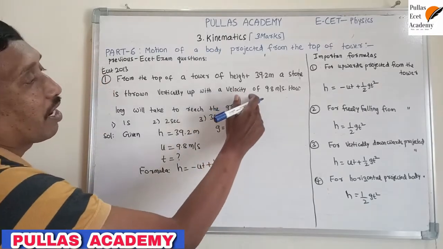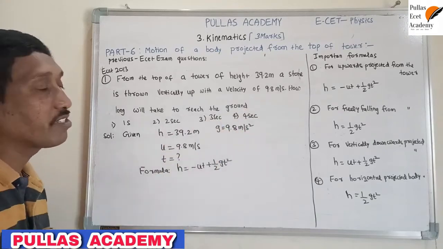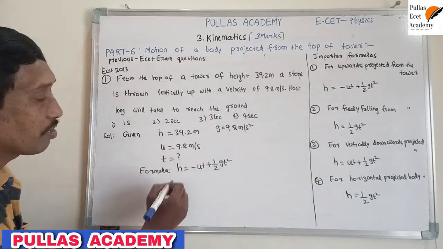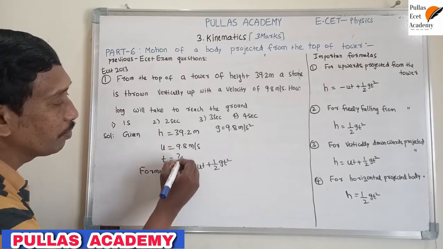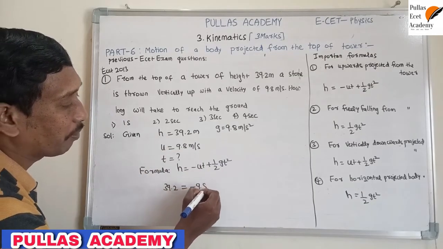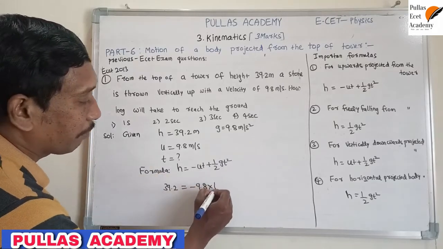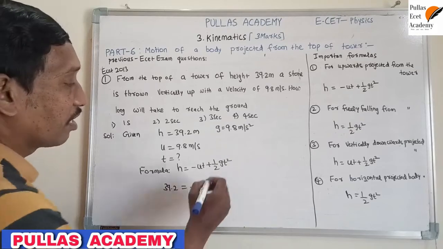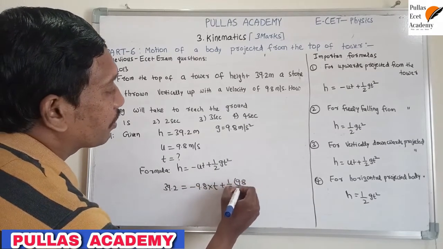In the bracket it is given to take g equal to 10 meter per second square, otherwise always substitute 9.8. Now substitute h value 39.2, u is minus 9.8 into the time taken t, and plus half of g, that is 9.8, into t square.